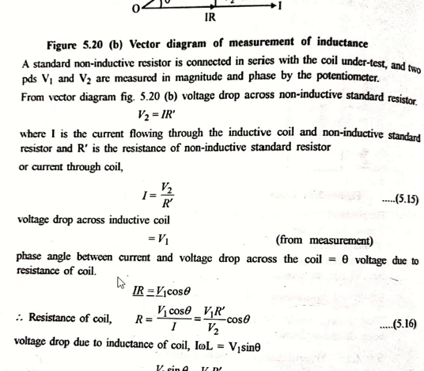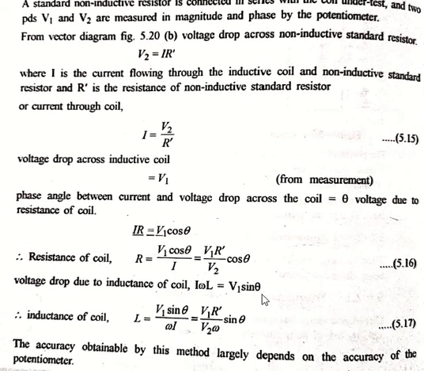By this we can find the value of R, which equals V1 cos theta by I, which equals V1 R dash by V2 cos theta. We'll use this value for replacing in the inductance of the coil.